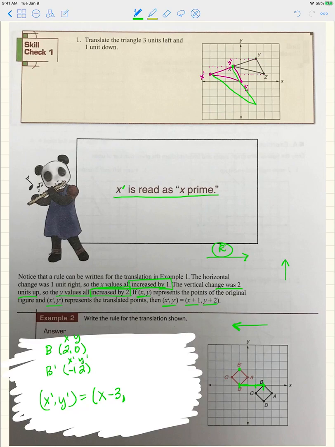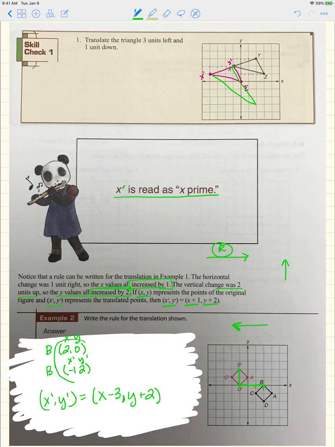And now let's look at what we did to y. B is at 0 here. How many units did we move up on the y-axis to get to B prime? 1, 2 units. And we moved up, so that's a positive translation. That means we add 2 to our y values. So it is y plus 2.